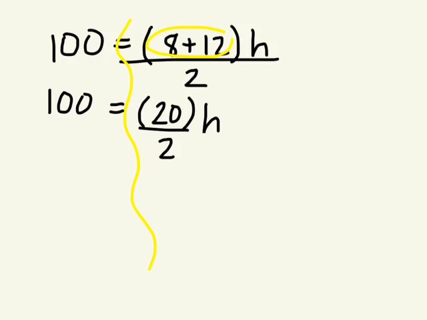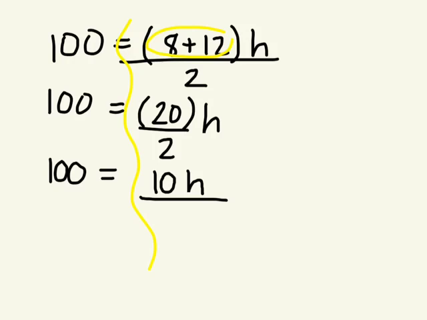So now we have 20 divided by 2 times h. We can divide 20 by 2. So I'm leaving my 100 on the left side, and 20 divided by 2 is 10, and it's 10 times h.